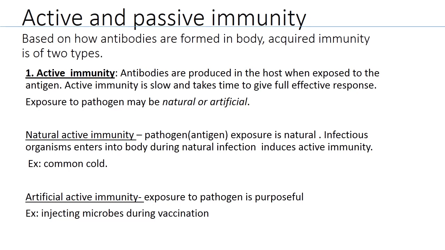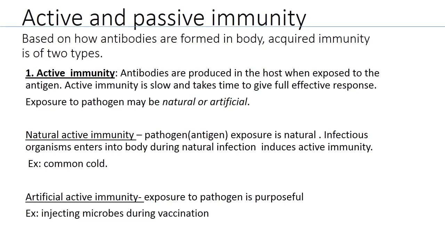So active immunity is very slow, but it is very accurate, and it will give lasting immunity. That means secured immunity will be developed because of active immunity. It is not a short time. Long lasting immunity is given by active immunity.